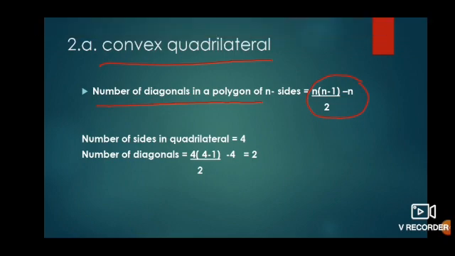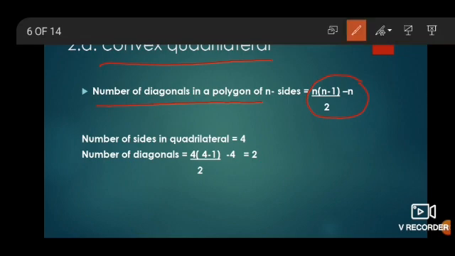In question number 1, they are asking you to find out how many diagonals are there for a convex quadrilateral. First you should know the number of sides. A quadrilateral will always have 4 sides. Yes or no? A quadrilateral will have 4 sides. So now we have to find the number of diagonals for a convex quadrilateral. The formula is n into n minus 1 by 2 minus n.